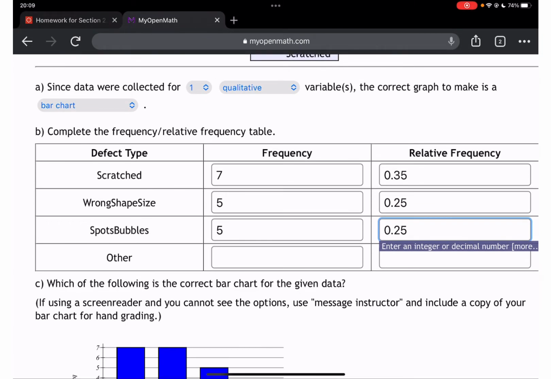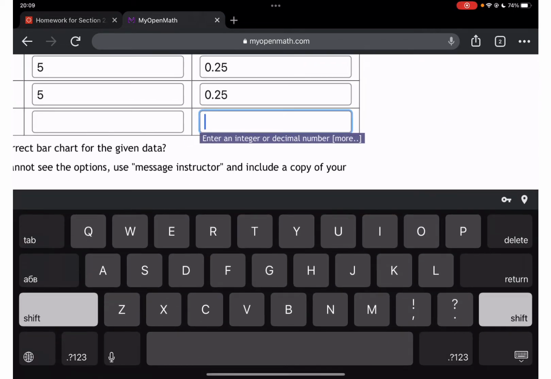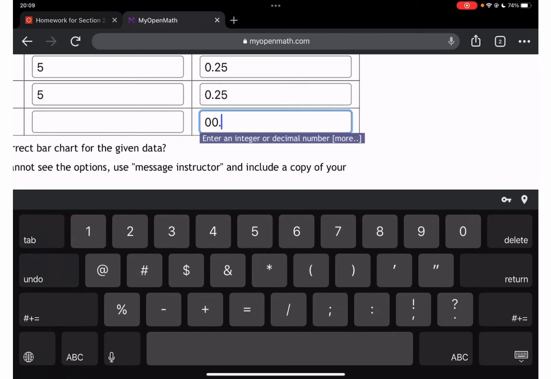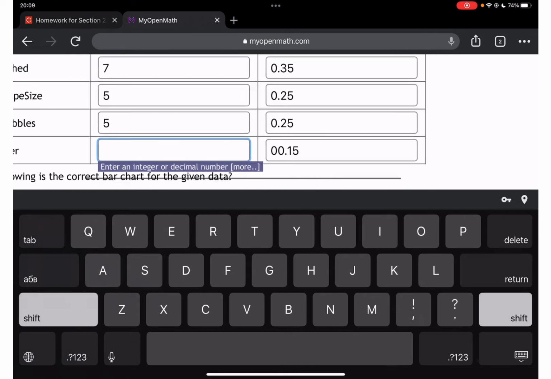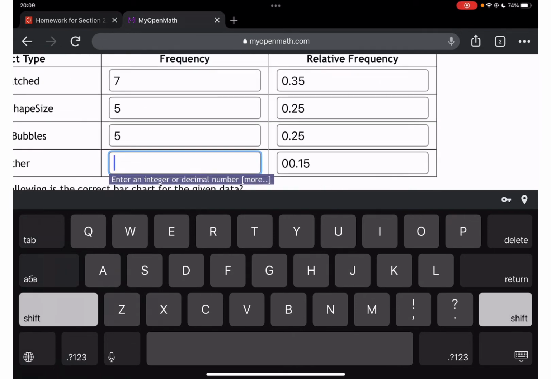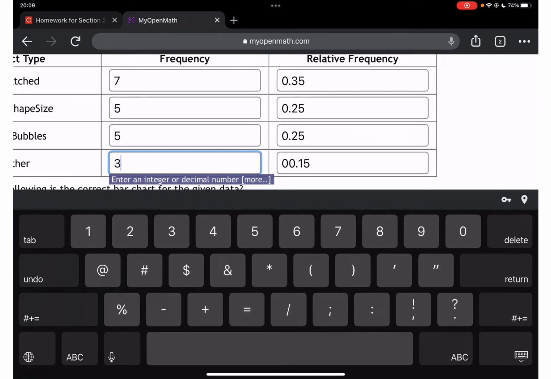So relative frequency, if I do 1 minus 0.25, 0.25, that's going to be 0.5, and then minus 0.35, that's going to be 0.15. And since we have total 20, 20 minus 2 times 5, it's 10, minus 7, it's going to be 3.